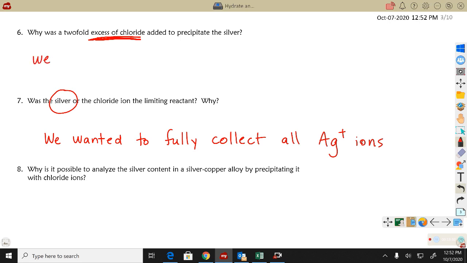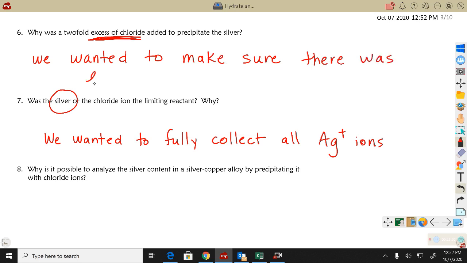Maybe I'll say, we wanted to, oh my gosh, my brain is saying that we just really wanted to make sure there was enough chlorine for every silver ion. I mean, really, 6 and 7 are kind of getting after the same thing, aren't they?